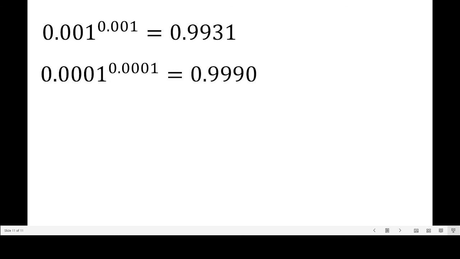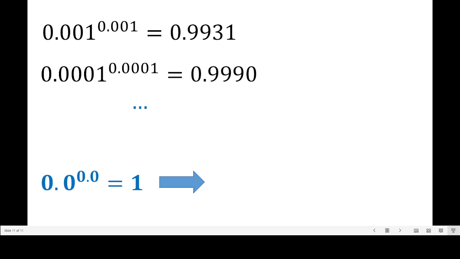Let's continue. The next number is 0.990. So if we continue this trend, finally we will have 0 to the power 0 equal to 1.